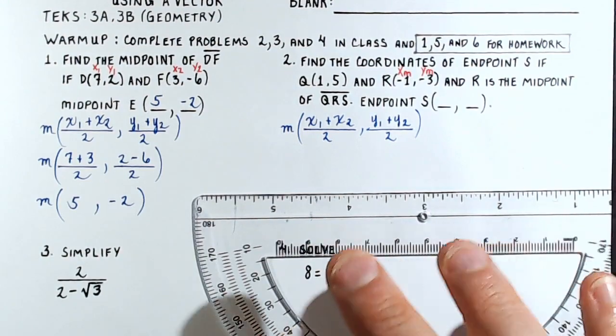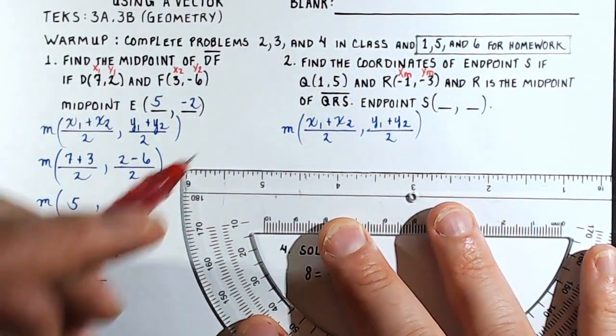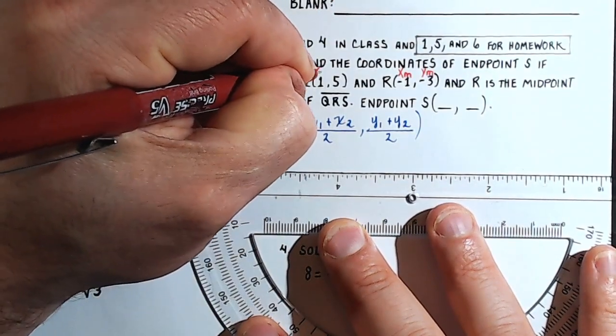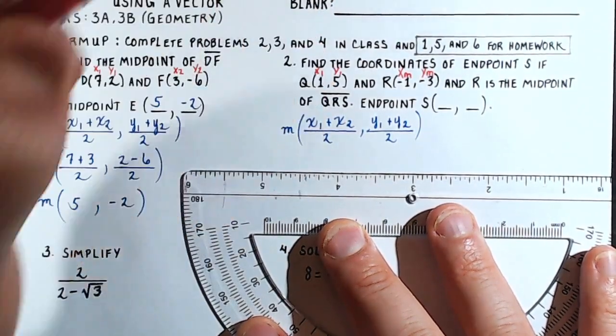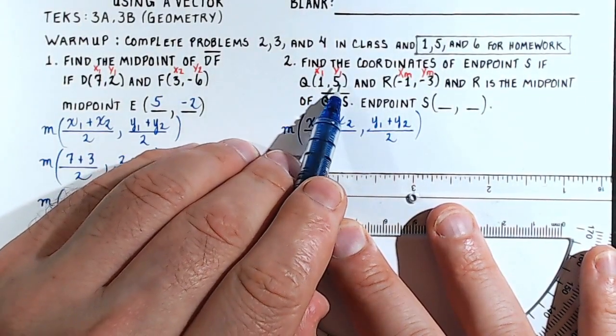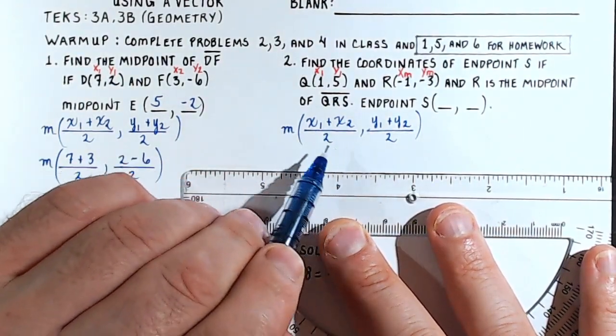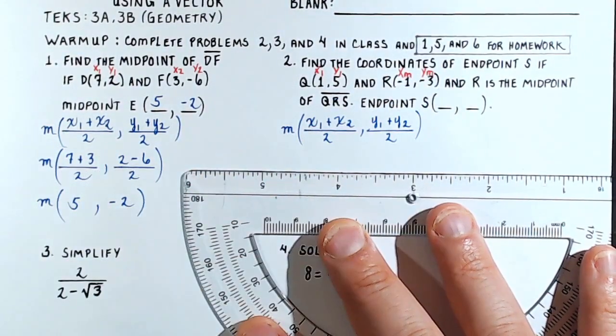So the way we figure this out is we say, well, what else do I know? I know what x1 and y1 are. It's 1, 5. So I can substitute in 1 and 5 for x1 and y1, then set these little formulas equal to the midpoint coordinates and solve for the missing values, which would be x2 and y2.